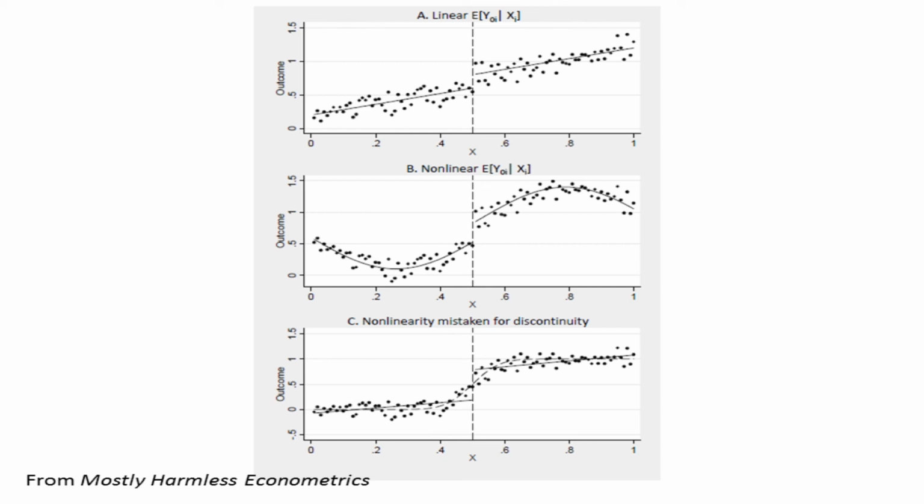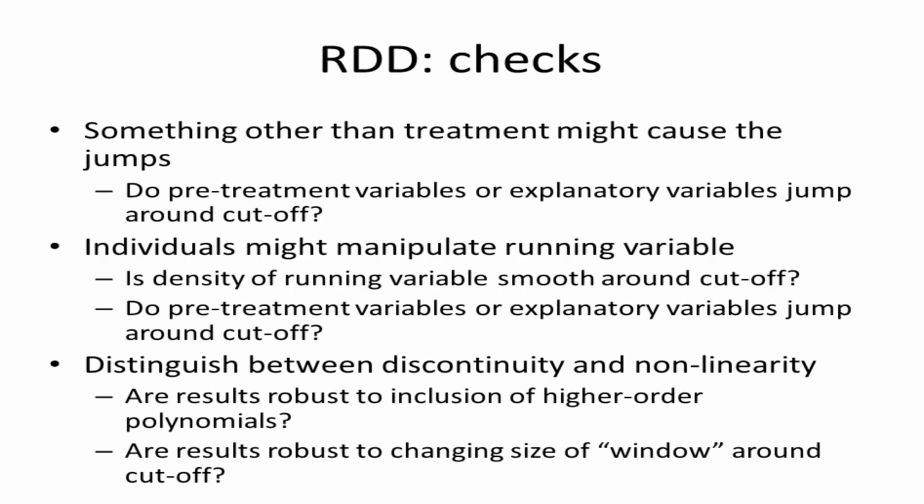But if you were to focus on the whole span of data, and you were to say, I'm pretty sure the relationship between x and the outcome is linear, then you would estimate a straight line here, and a straight line there, and a very significant discontinuity there. Okay, so that's when that would happen. So what could you do to protect yourselves against that?